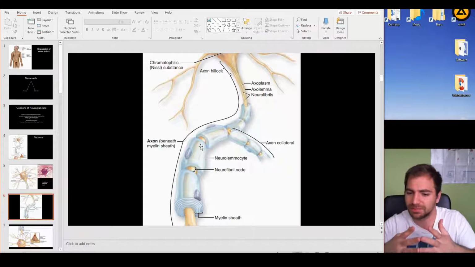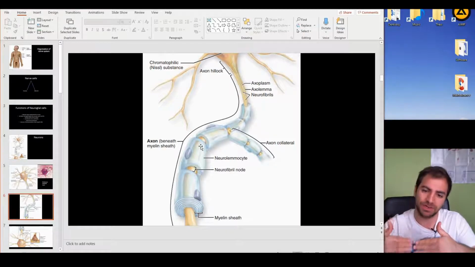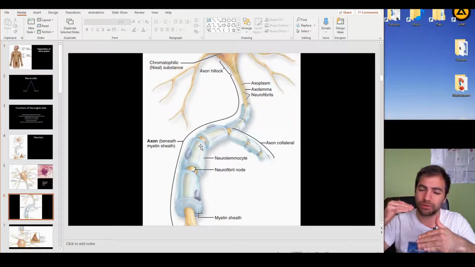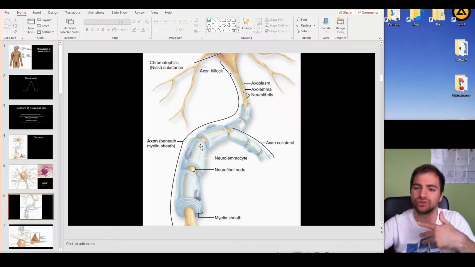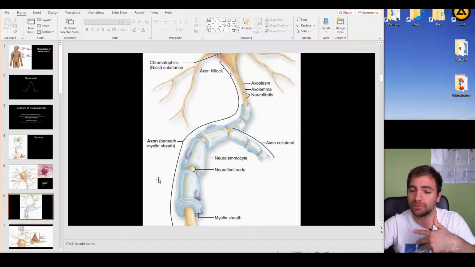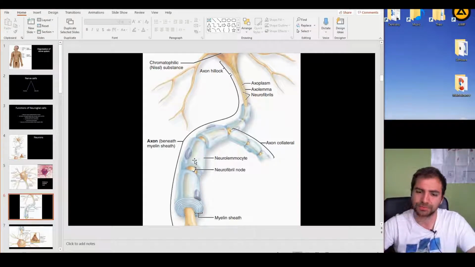The point is that this myelin sheath is nothing more than an aggregation of lipids, and the purpose of this myelin sheath is simply to speed up and accelerate the nerve impulse, the nerve propagation from the axon towards the ending. And this happens because the nerve allows the signal to go in a jumping mode from one node to the other. This node of Ranvier is simply the opening, the spaces between the different myelin sheaths surrounding the axon.